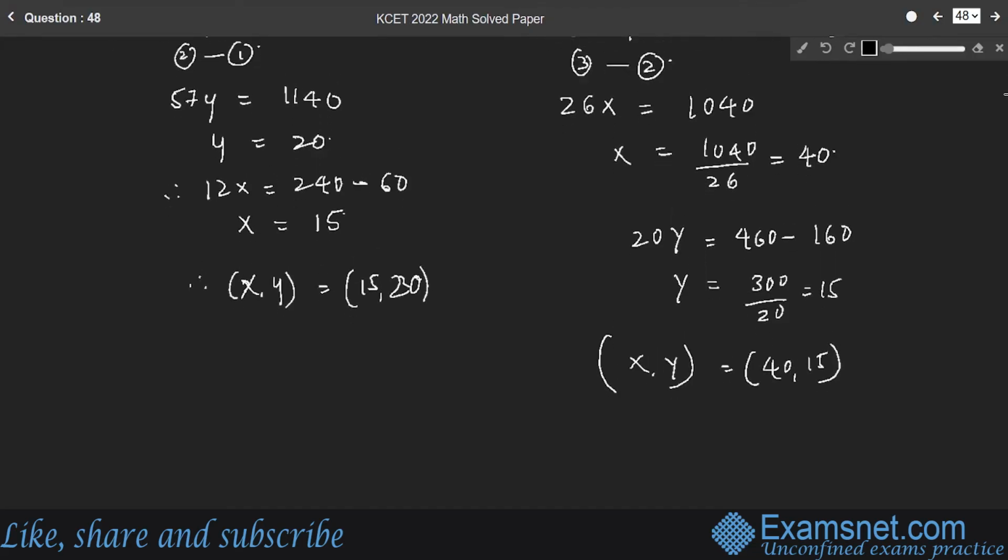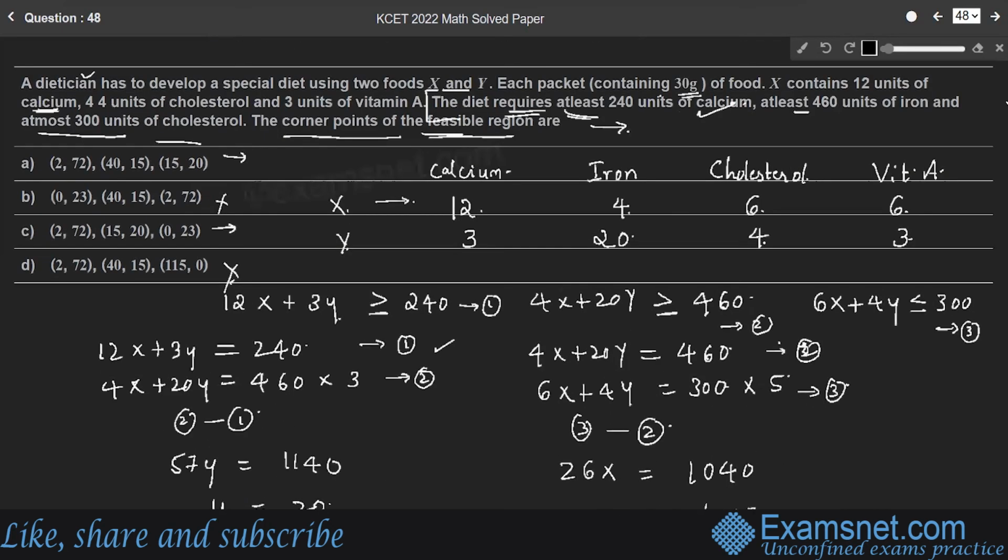So one of the points is (15, 20). Another point is (40, 15). In option A, we have (40, 15) along with (15, 20) as feasible points. In option C, we don't have (40, 15). Therefore, option A is the right answer. No need to go for the third point.